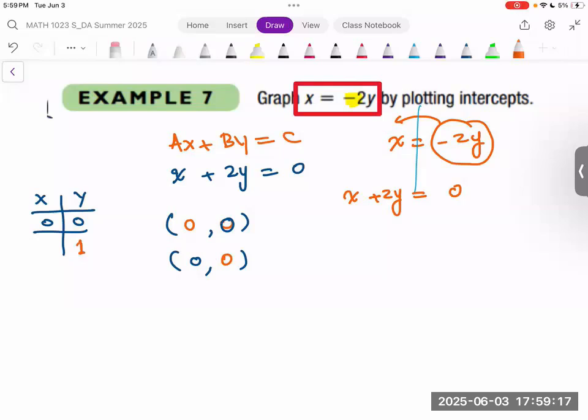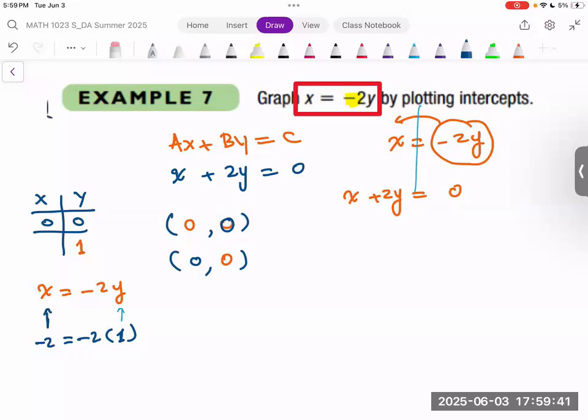Does it make sense? Remember, your equation is x equals minus 2y, right? So which one is going to become a 1? This one is going to become a 1, right? So this is a 1 times minus 2. What's it going to be? Minus 2 times 1? Negative 2. And that's the value of the x.